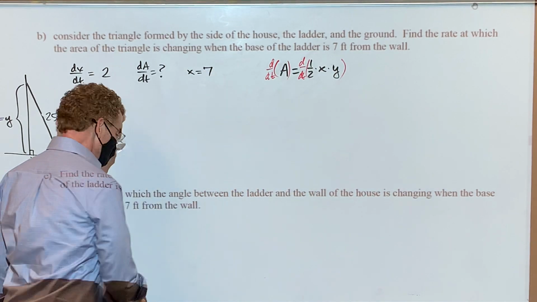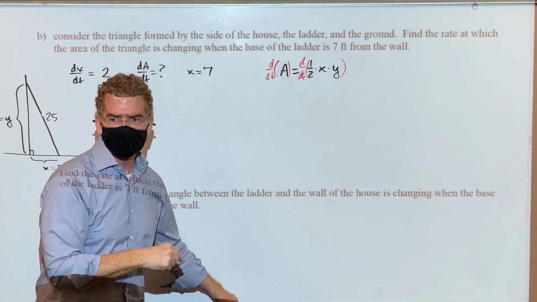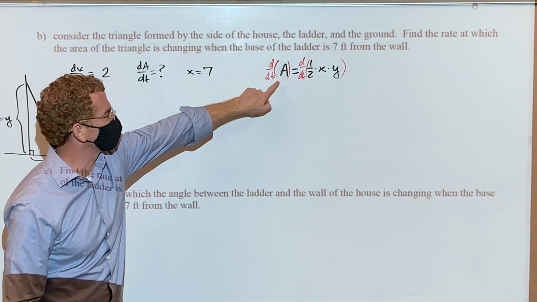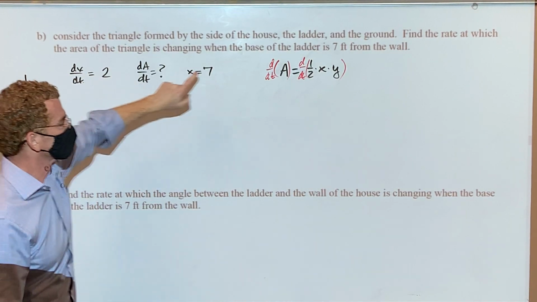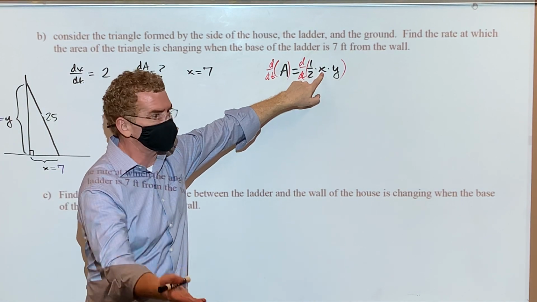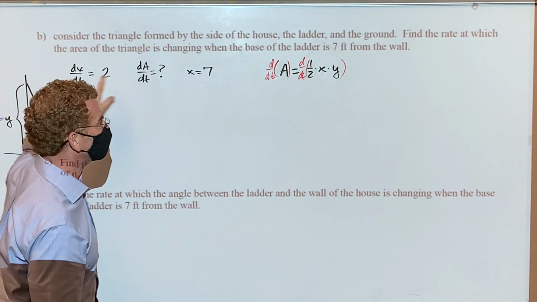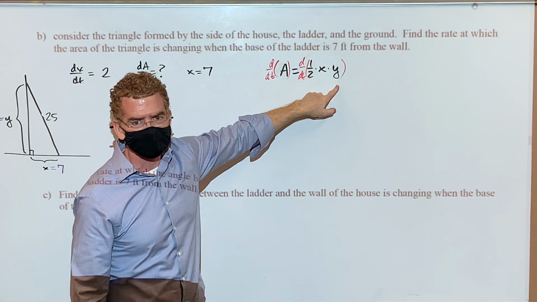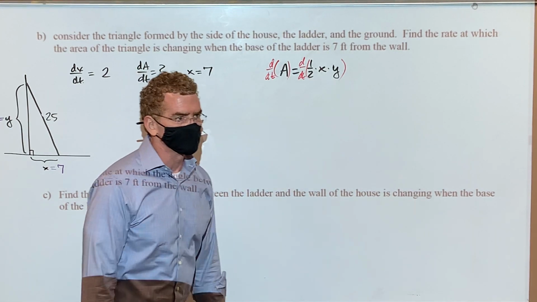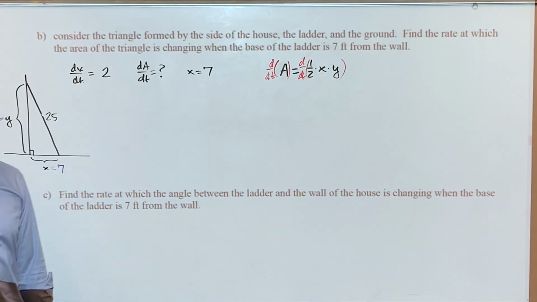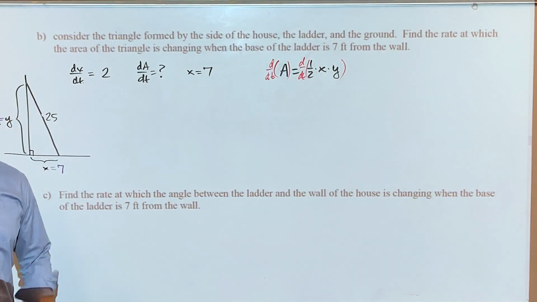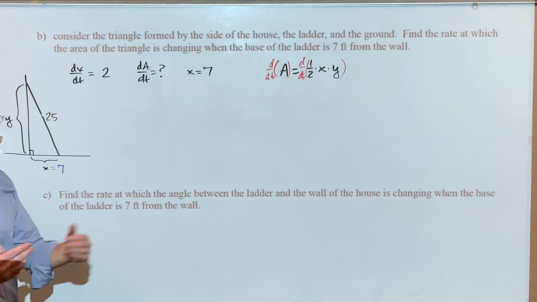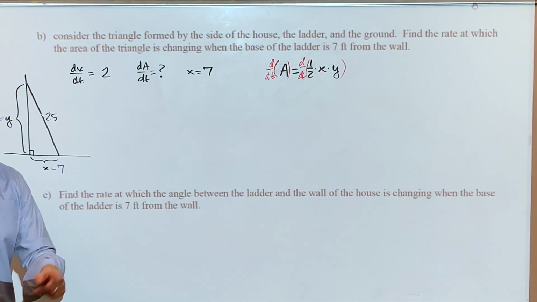When you take the derivative of this, you're going to end up with a dA/dt, which is what I'm looking for. If there's a variable in there, you're going to have a dx/dt, which I know, but you're also going to have a dy/dt. Do you have that? Technically you do, because you just found it in the problem before. But if you didn't find it in the problem before, that's a problem.